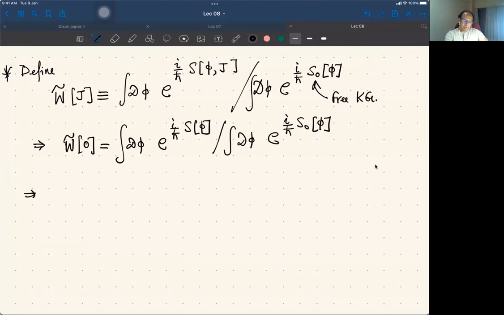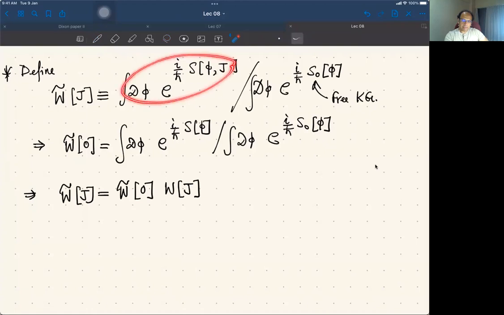And therefore, W tilde j is nothing but W tilde 0 times W of j. W of j has this divided by path integral with s, not s0. So we have s downstairs in Wj, but W0 has s upstairs and s0 downstairs, right?